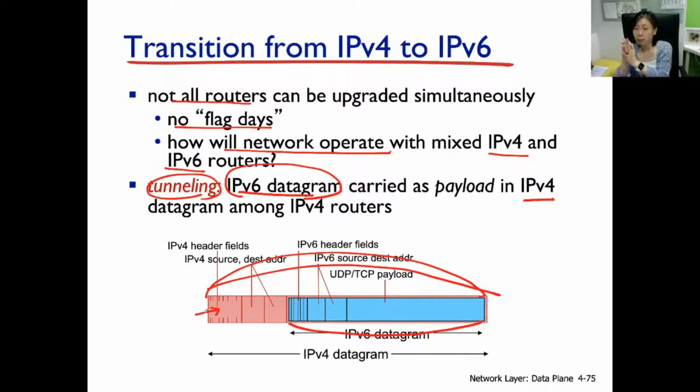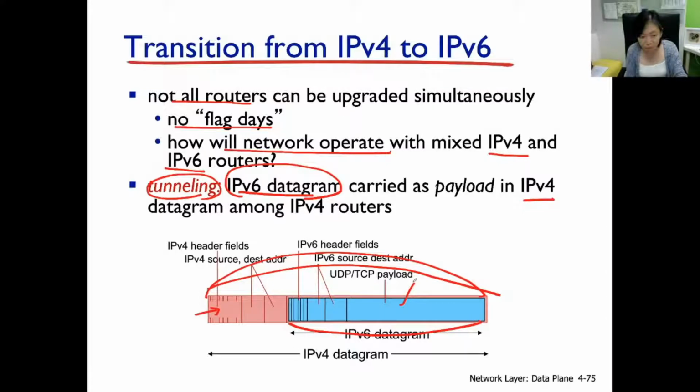That border router would extract the IPv6 packet, the blue part here, from the IPv4 packet and then forward it further onto the native IPv6 space here. This enables an IPv6 machine talking to an IPv6 machine with the middle part being IPv4. All right, so that's the general idea.